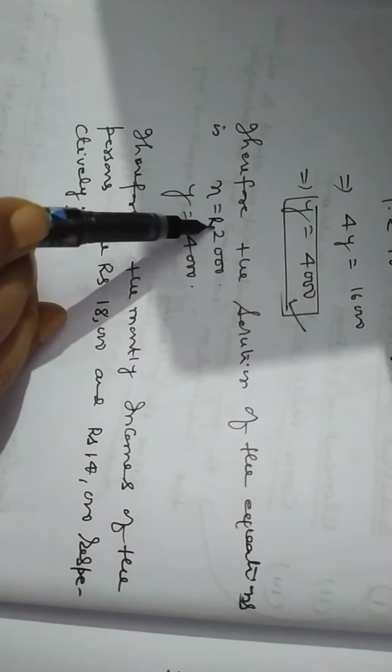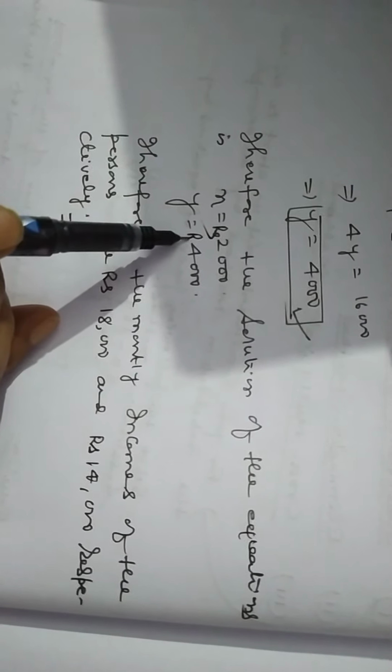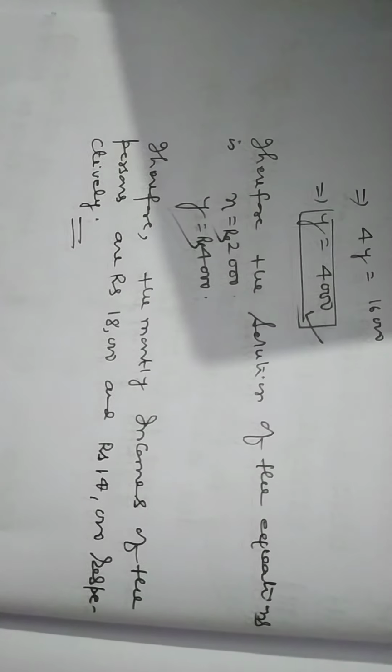Therefore, the solution of the equation is x is equal to rupees 2000 and y is equal to rupees 4000. So in this way, we have the monthly incomes of the person are 18,000 and 14,000 respectively. Thank you.